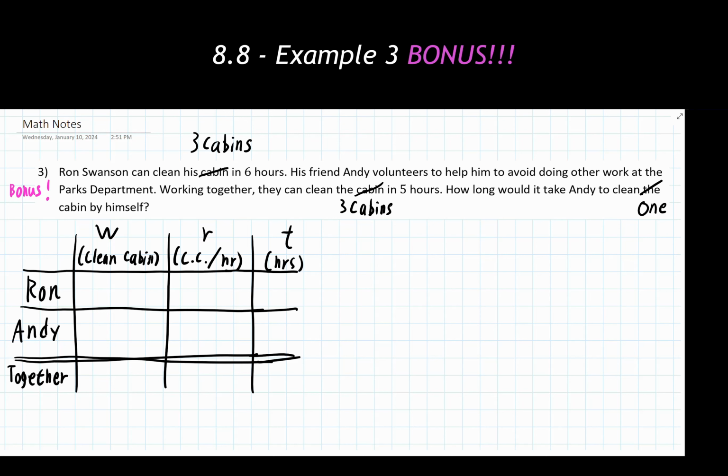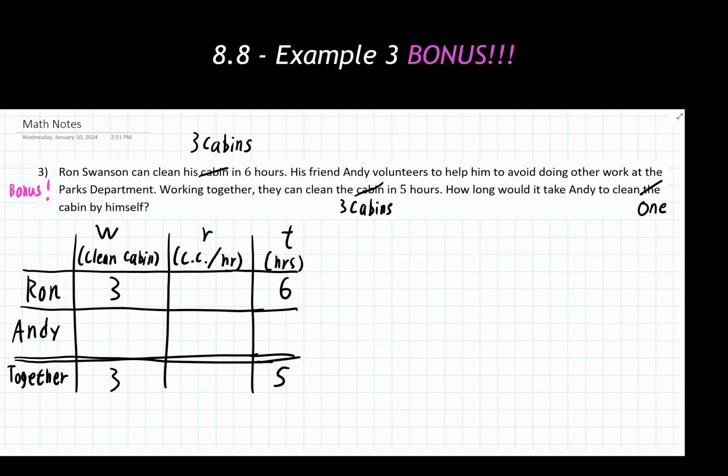So for this problem, we know Ron can clean 3 cabins in 6 hours. We know together they can clean 3 cabins in 5 hours. We're being asked, how long would it take Andy to clean 1 cabin by himself? So we have a couple ways we can write this out. For how many clean cabins Andy's working with, we can write this in as 1 or 3.